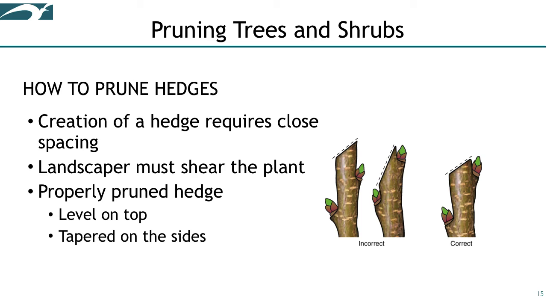How to prune hedges. Hedges, on the other hand, require close spacing. You need to pay great attention to the creation of these hedges. The landscaper must shear the plant. Properly pruned hedges need to have a level top or be tapered on the sides at an angle.